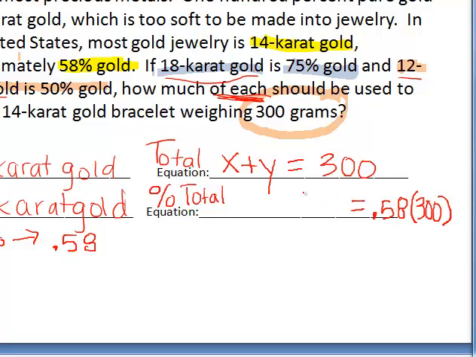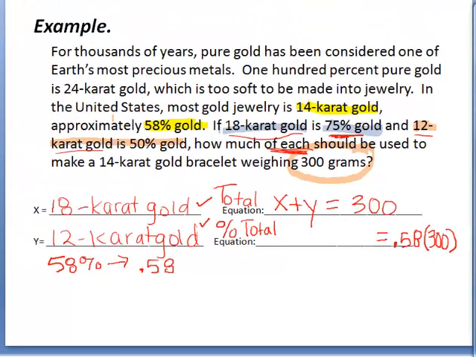And all of the percents that go with the 18 karat gold and the 12 karat gold are also going to be represented in this equation. So my X value is my 18 karat gold. If I go back up here, 18 karat gold is 75% gold.